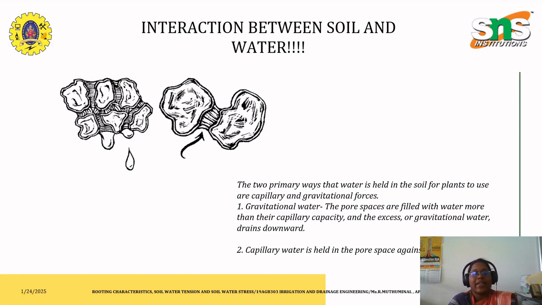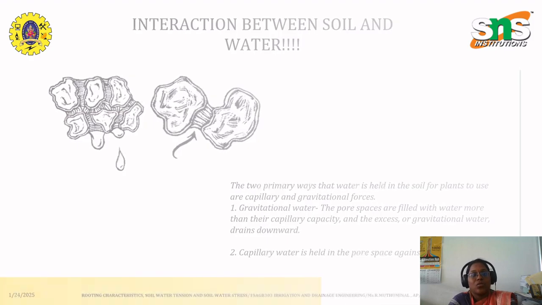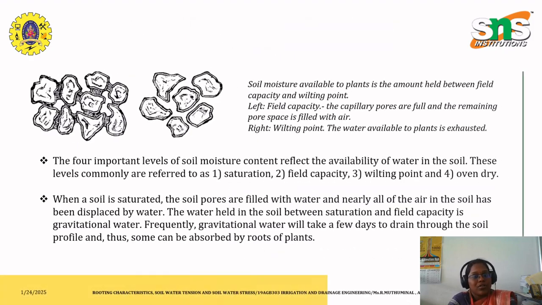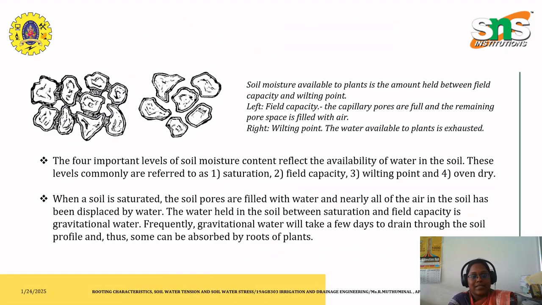Gravitational water is when the pore spaces are filled with water more than their capillary capacity, and the excess gravitational water drains downwards. The capillary water is held in the pore space against the force of gravity. So this is how the soil moisture gets extended.